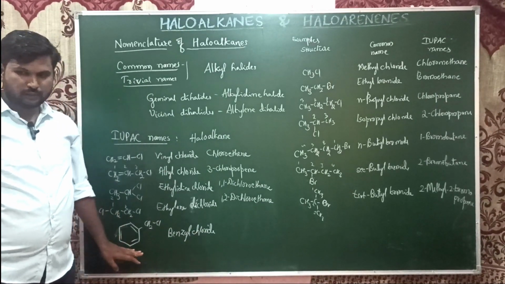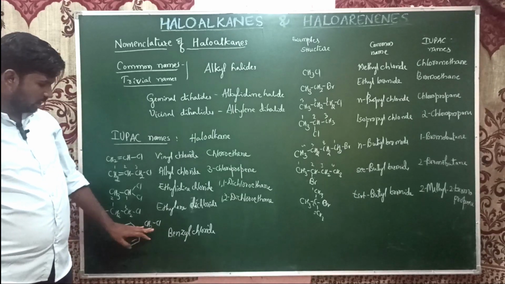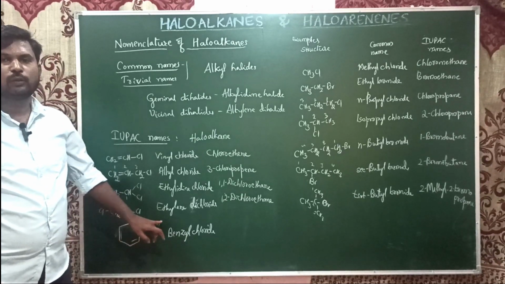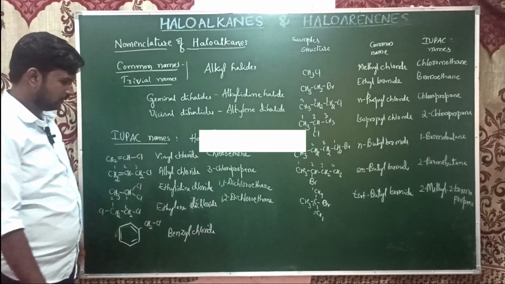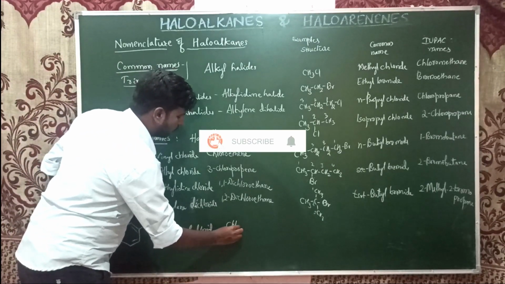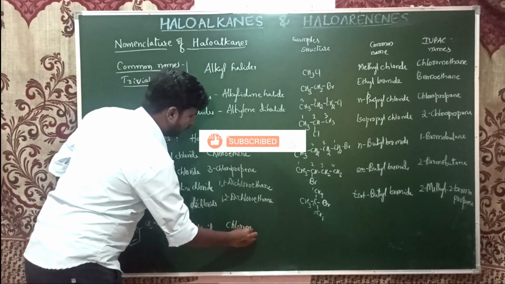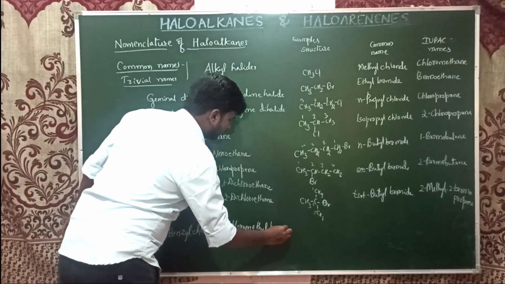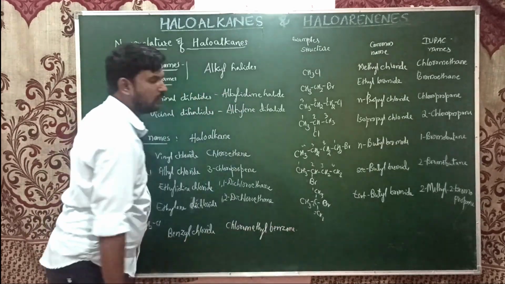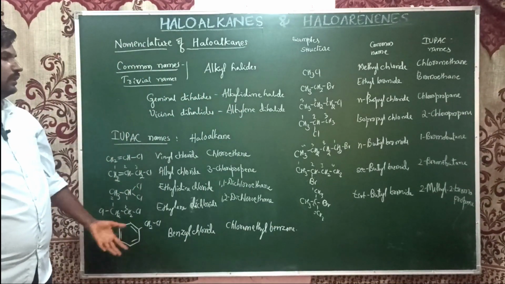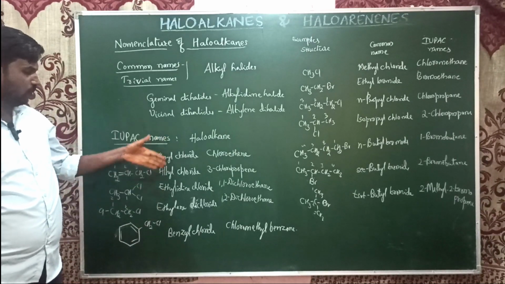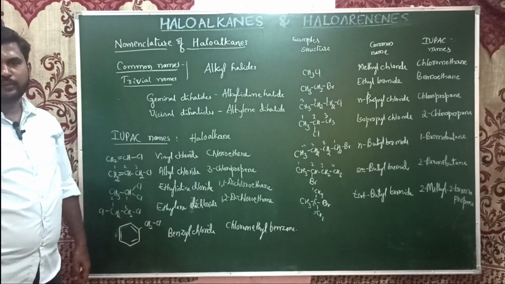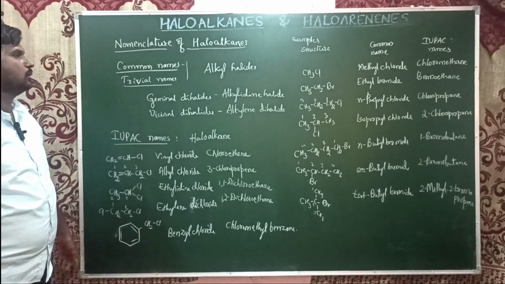So if you come to its IUPAC name, it will be chloromethyl benzene. So this is how these have been given the names according to the common names and also the IUPAC names. These names are very important, so you please go through all the names.